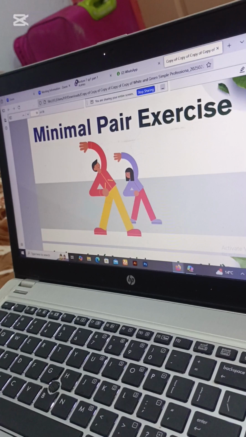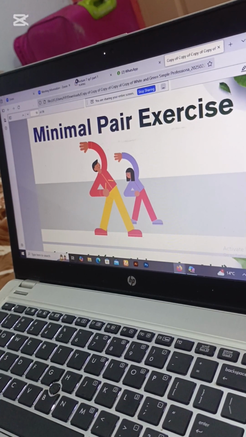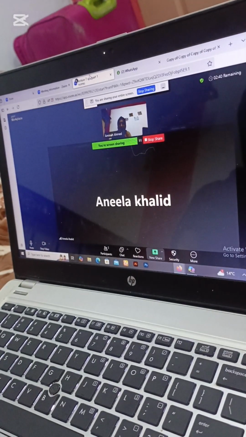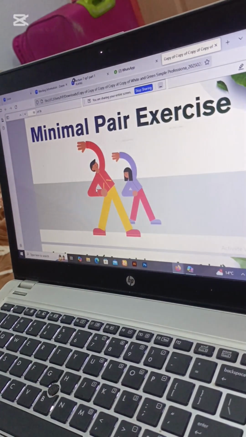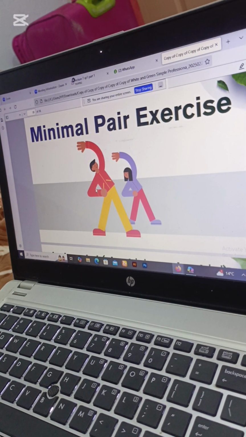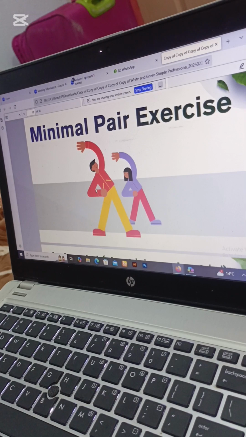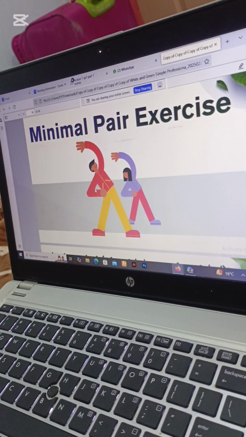So we're done with the connectors. Let's have a minimal pair exercise. I may have introduced this before. A minimal pair exercise is where you have two words that sound similar, with a very subtle or small difference between them.